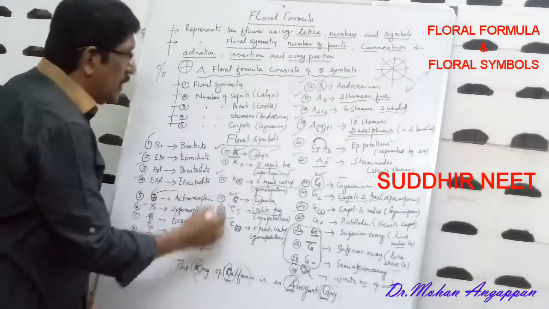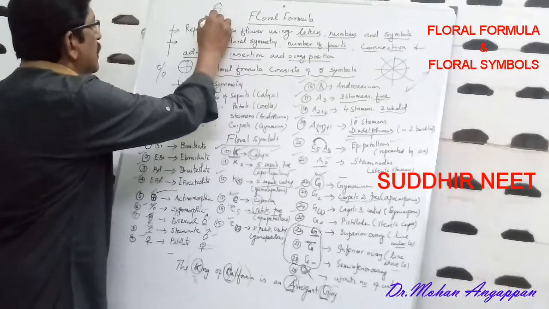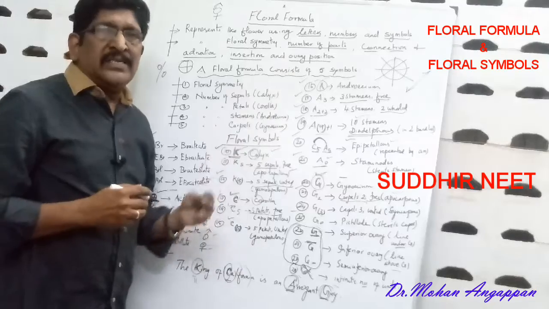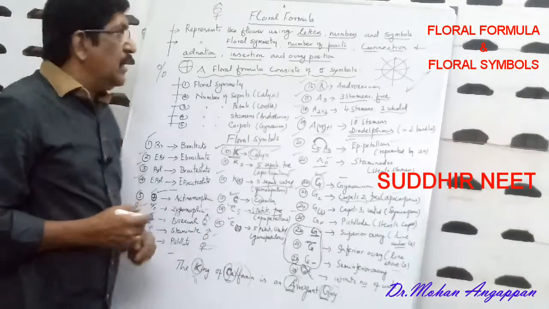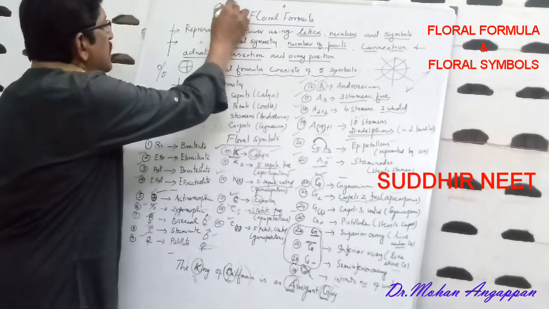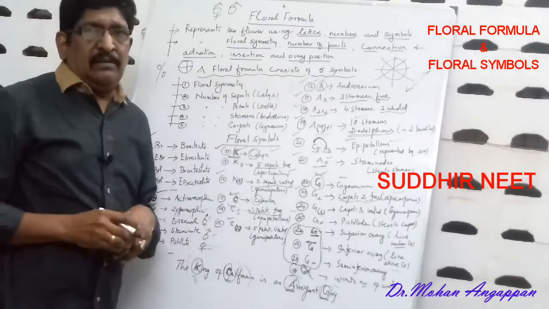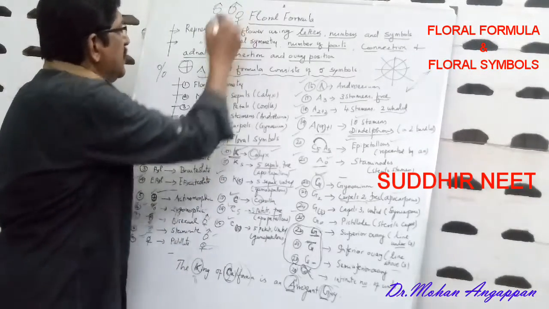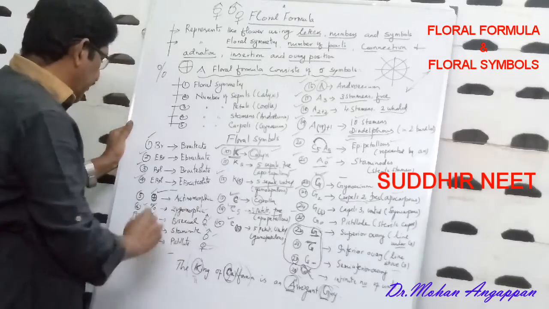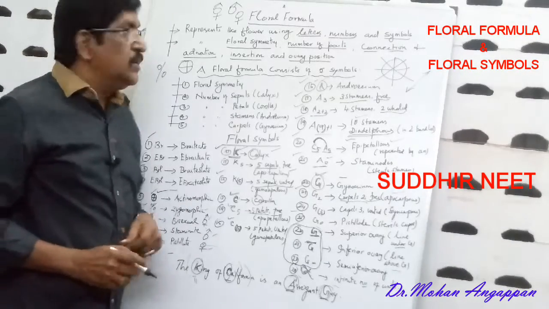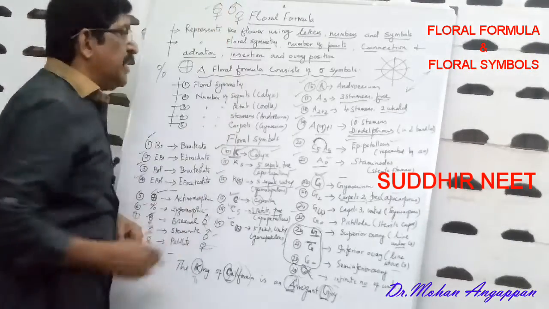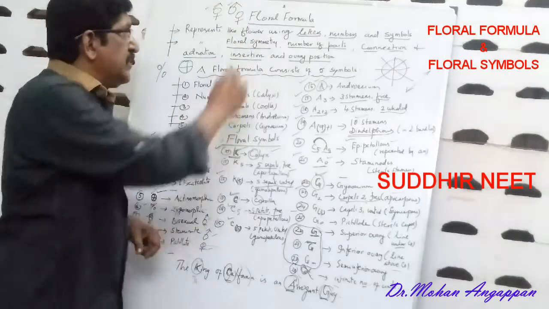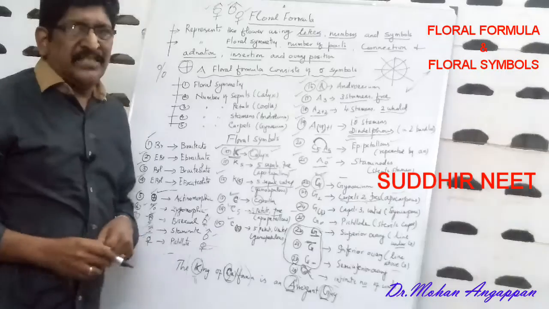If the symbol is like this, that is a bisexual flower. Both the male and female parts are in one flower. If the symbol is like this, that is a male flower. Only stamens are present. If the symbol is like this, it's a female flower, pistillate flower. So it is bisexual, both staminate and pistillate. It is a male flower, only staminate. It is a female flower, only pistillate.